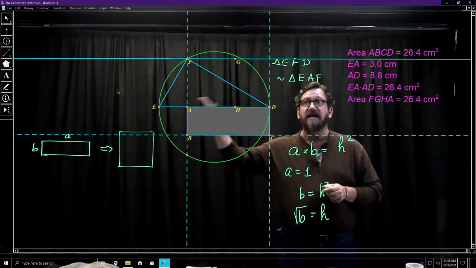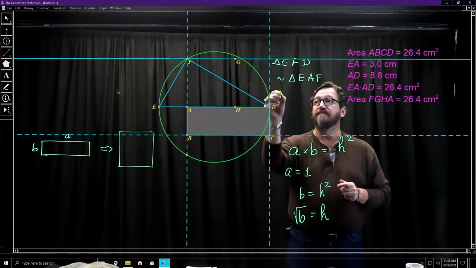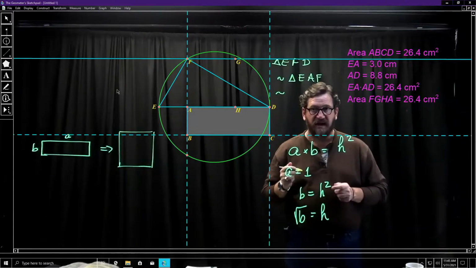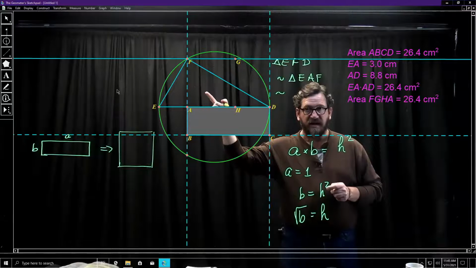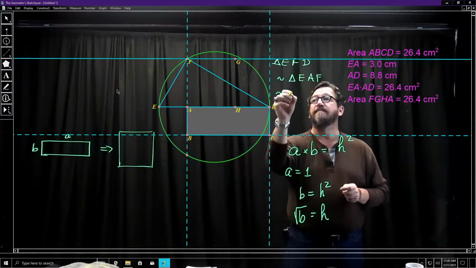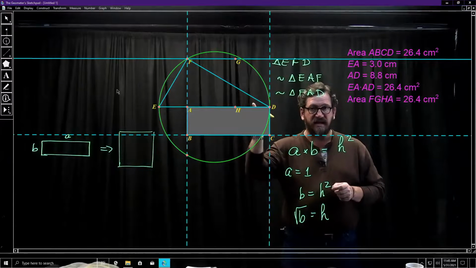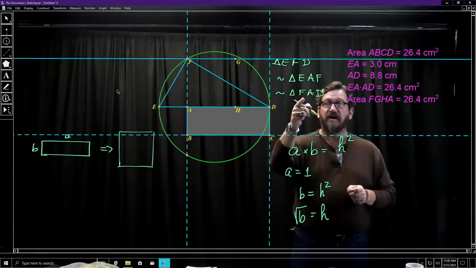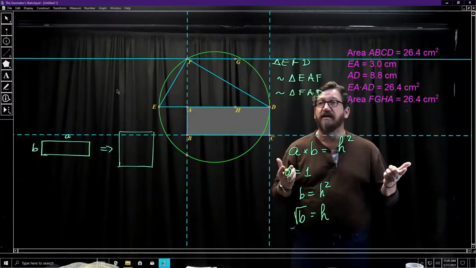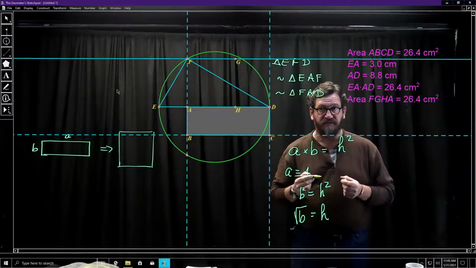Namely, the angle at E is in common to both of them, and both of them are right triangles. Also, we know EFD must be the same as this triangle right here, short side, FAD. And the reason is D is common to both this triangle and the above triangle, and a right angle. Angle symmetry is given to us. So these three triangles are all similar to one another.